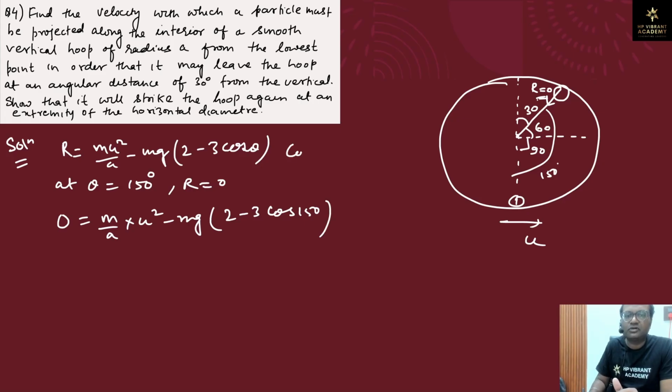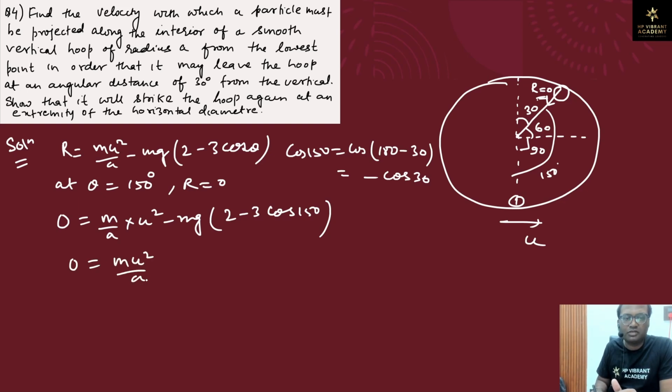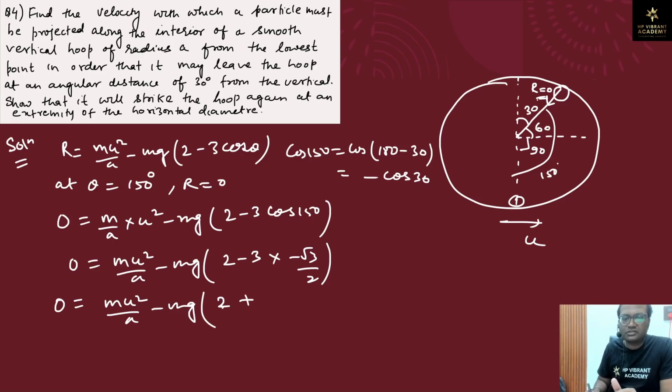Cos 150 is equal to cos of 180 minus 30, so this is minus cos 30, minus root 3 upon 2. So 0 is equal to mu square upon a minus mg into 2 minus 3 into minus root 3 upon 2, which is mu square upon a minus mg into 2 plus 3 root 3 upon 2, that is 4 plus 3 root 3 upon 2.